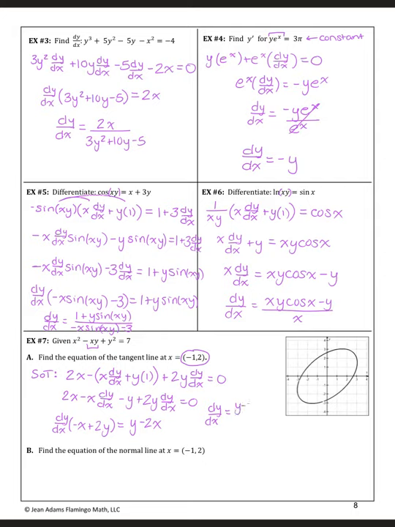You will get y minus 2x divided by 2y minus x. Now you need to plug in the point negative 1, 2. Running out of room here, so dy/dx. So y is 2, x is negative 1. There's a 2 there.